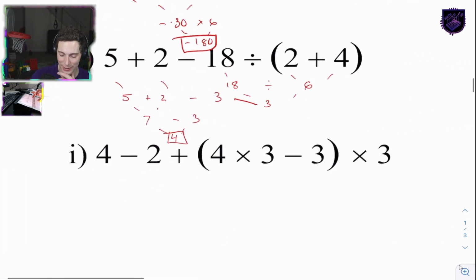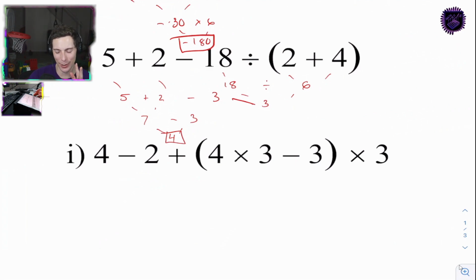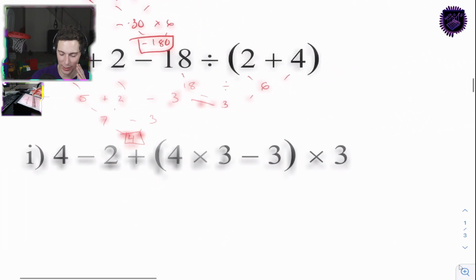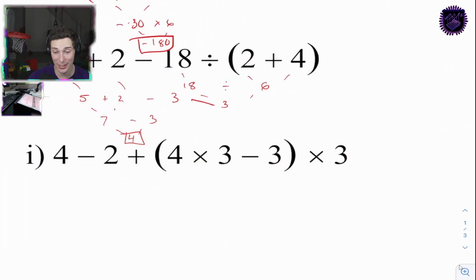All right. So this second last question, and it's getting longer. We have parentheses, and we have multiplication, and we have subtraction. So 4 times 3. This is going to be 12. And then we minus 3. So this is going to be 9. And then we need to drop down our 3 here.